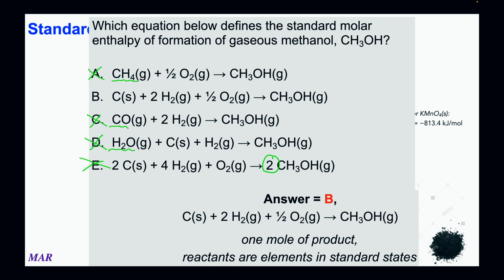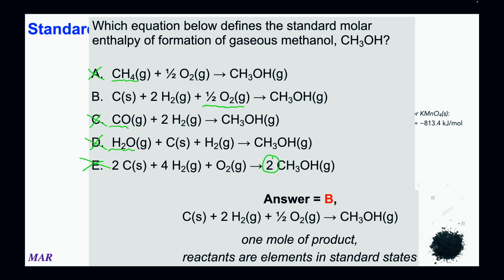So if you look at that, it has 1 mole of product, CH3OH, and all reactants are elements in their standard states. So carbon solid would be graphite. There's a total of 4 hydrogens, so that would be 2H2. But also what's really frustrating to me is that because you are limited to 1 mole of product, you have to use fractions sometimes with these.